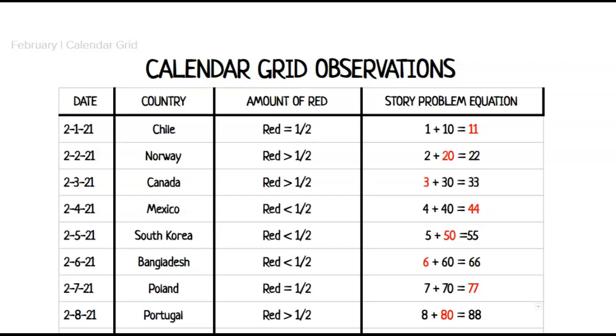Now I want to share some of the things you were thinking. Some students noticed that if we look at all of our problems, we can kind of see the numbers in different columns. In our first column, we can see that we're really counting up from 1, 2, 3, 4, 5, 6, 7, 8. We get to 8 in our first column.